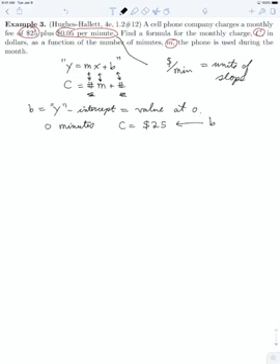I think the units help guide you in the right place. So the slope here is 0.05. And so my final formula is C equals 0.05M plus 25.